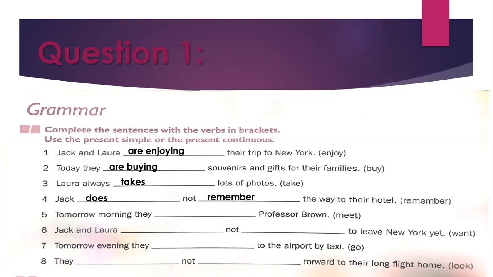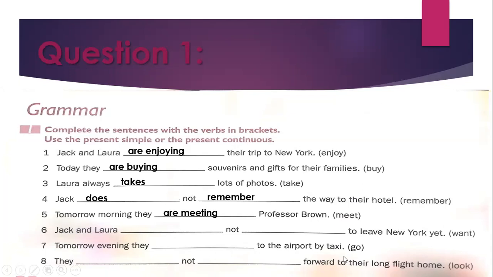Tomorrow morning, they, Professor Brown. Here we are talking about future arrangement. Tomorrow morning, okay? So with the future arrangement, we use present continuous. So they are meeting. Jack and Laura not to leave in New York yet. So here we have another stative verb, which is want, okay?